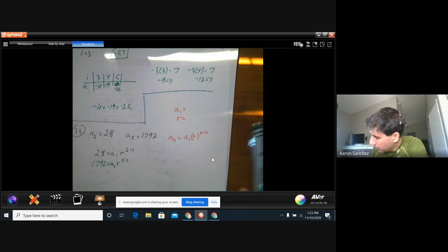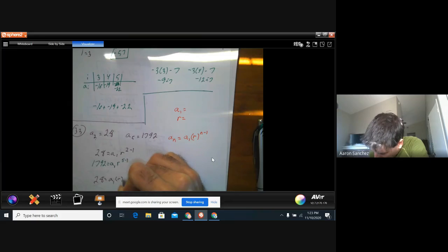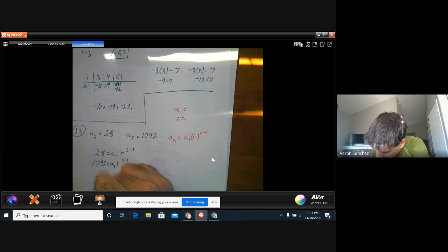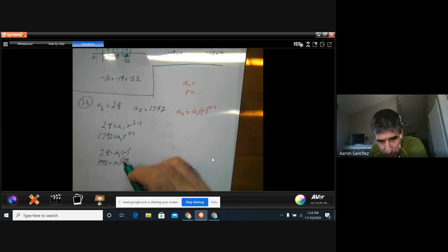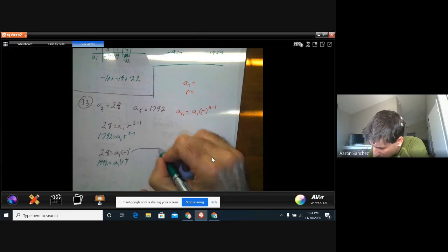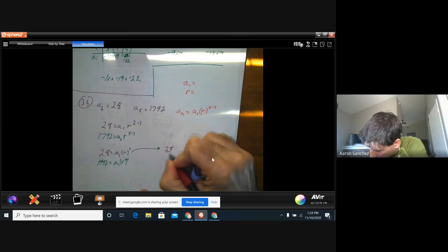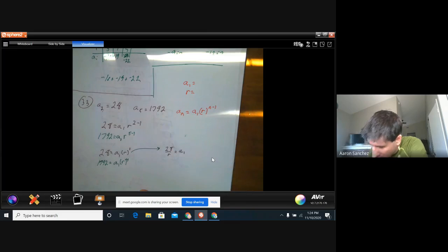Okay, let's simplify these. 28 equals a sub 1 times r to the 1. 1792 equals a sub 1 r to the 4. Now let's get a sub 1 by itself for this one by dividing by r. 28 over r equals a sub 1.